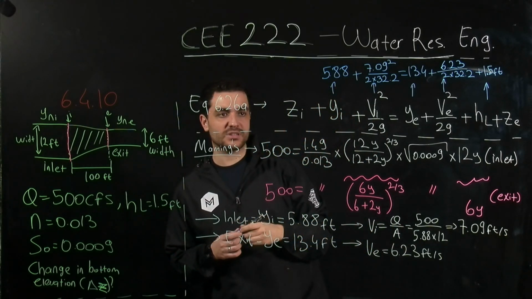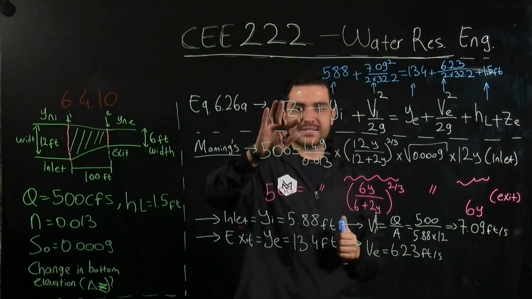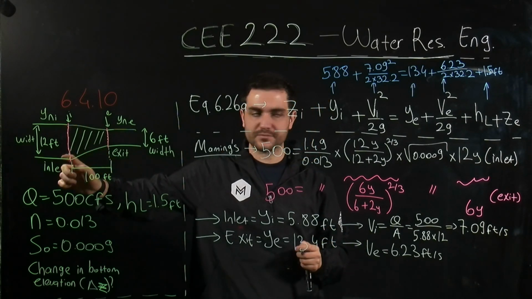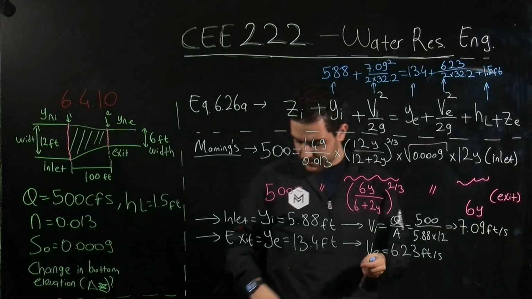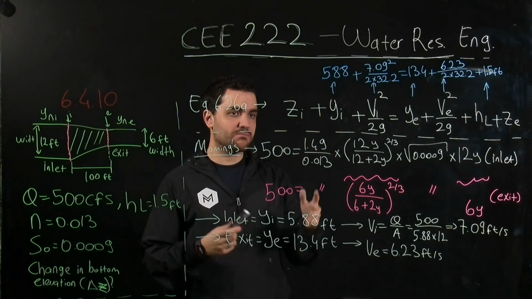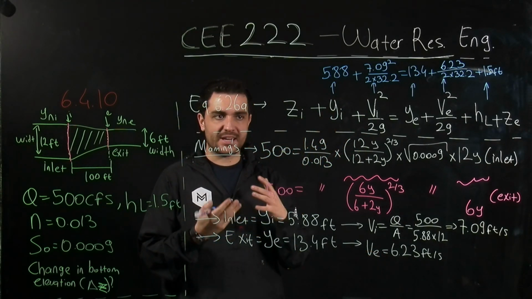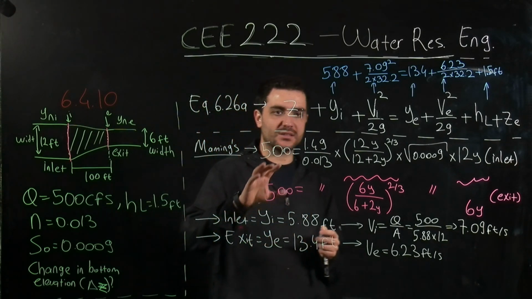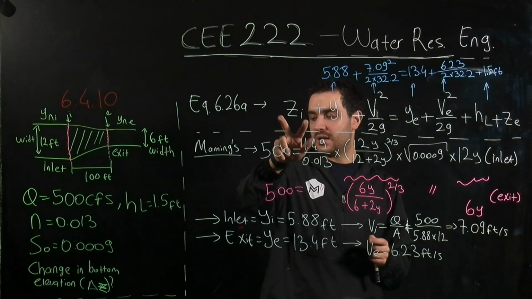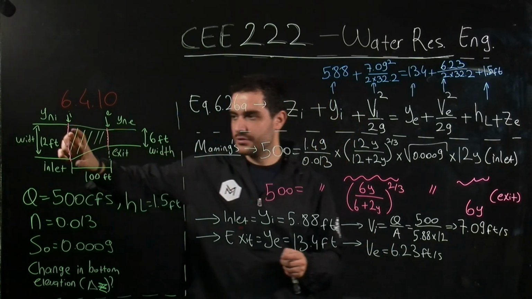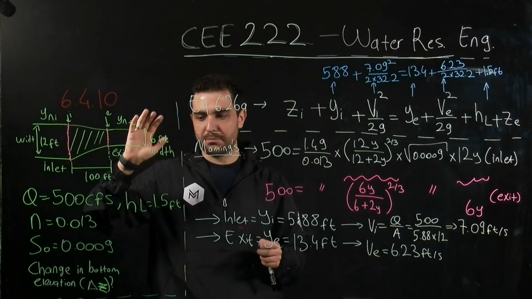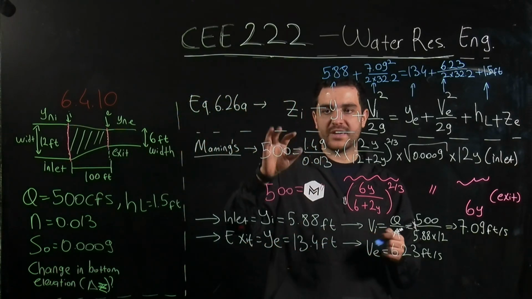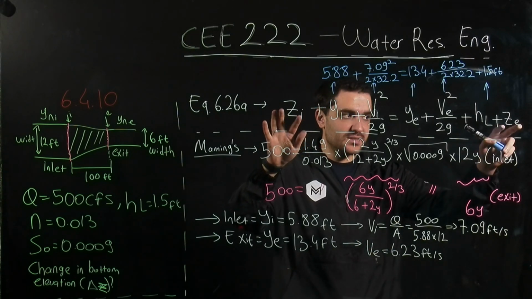We wrote everything we have except the bottom elevation at ZE here and also ZE. Here we can make any assumptions, because we don't actually need to find the actual bottom elevation for this part. We need to find the change in bottom elevation, so we can take either point as the reference.